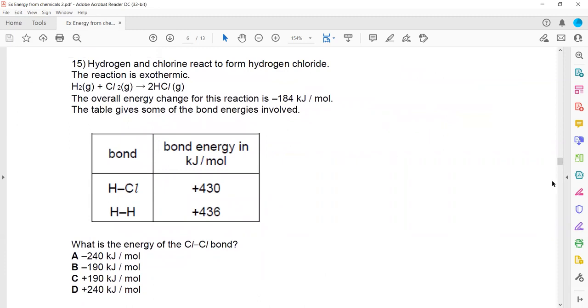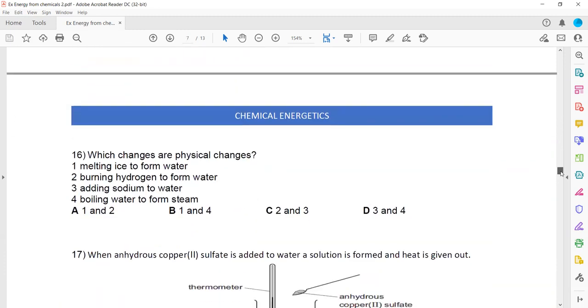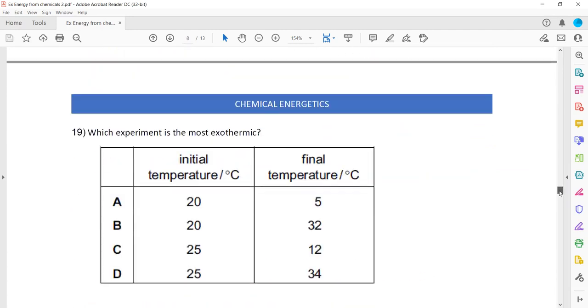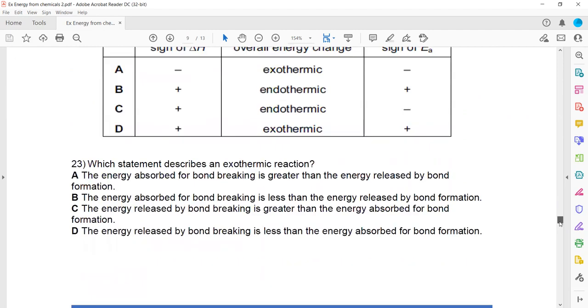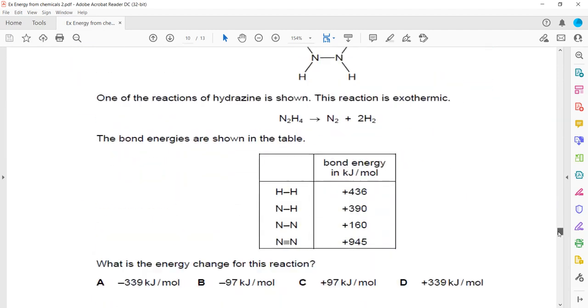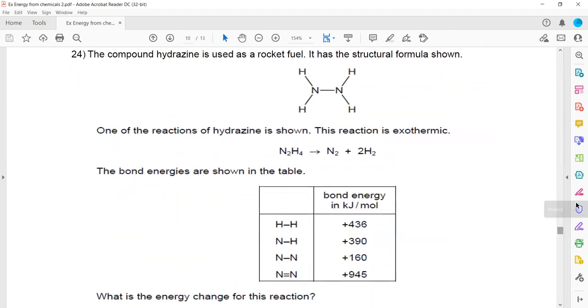Another question related to bond energy. So N2H4 gives N2 plus 2H2.